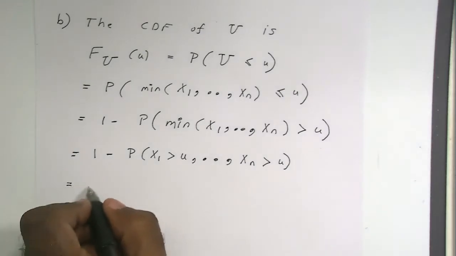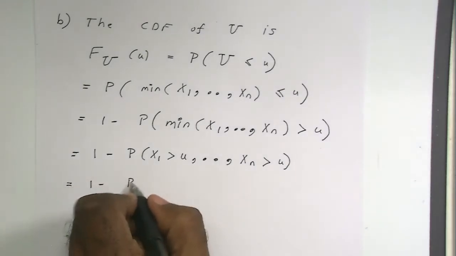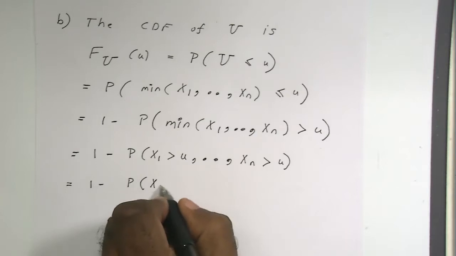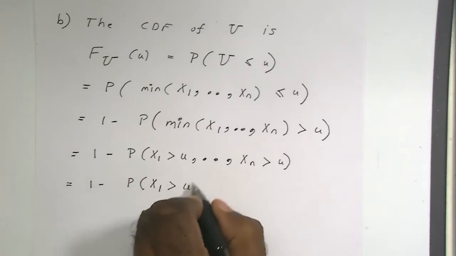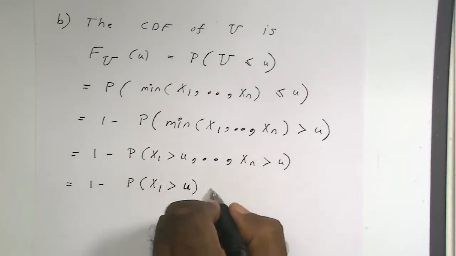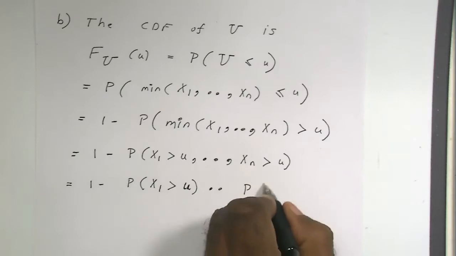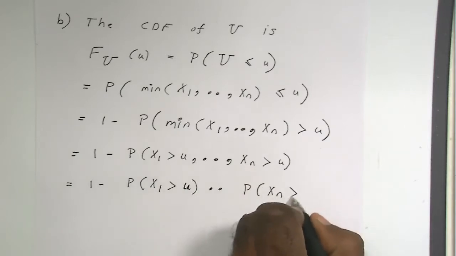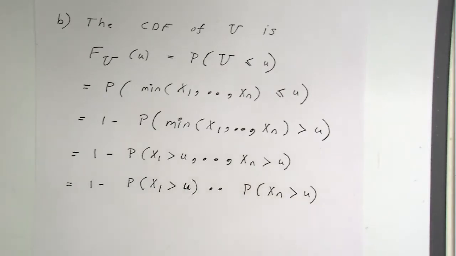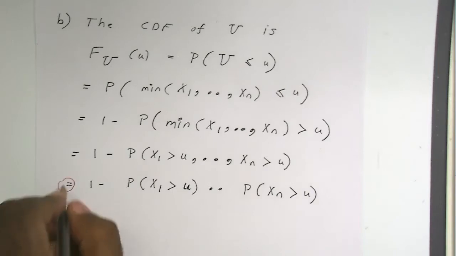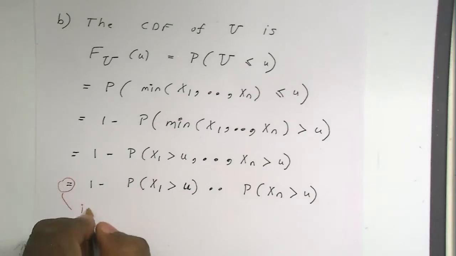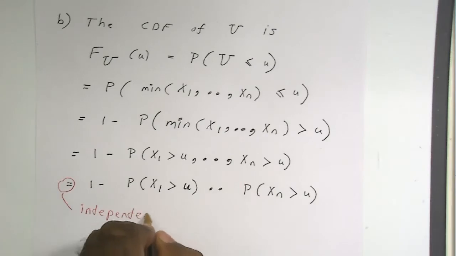Now this is because of independence. And we are assuming that x1 to xn are IID, which includes independence, right? Okay.